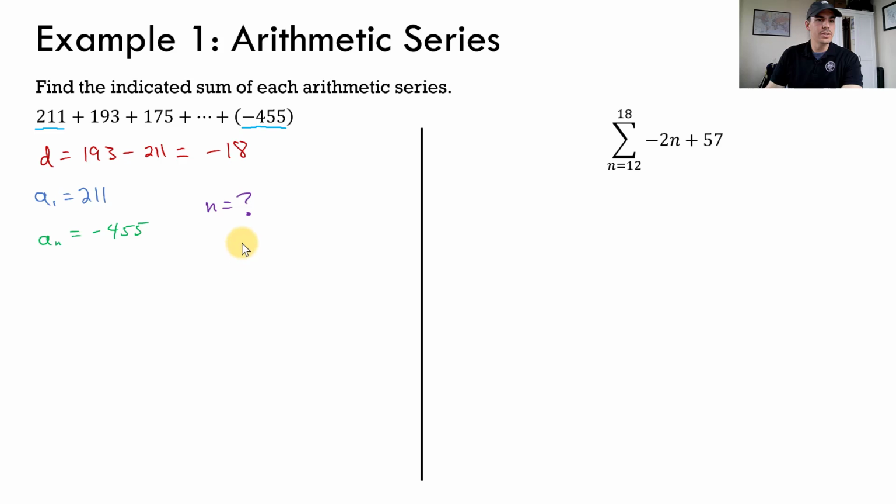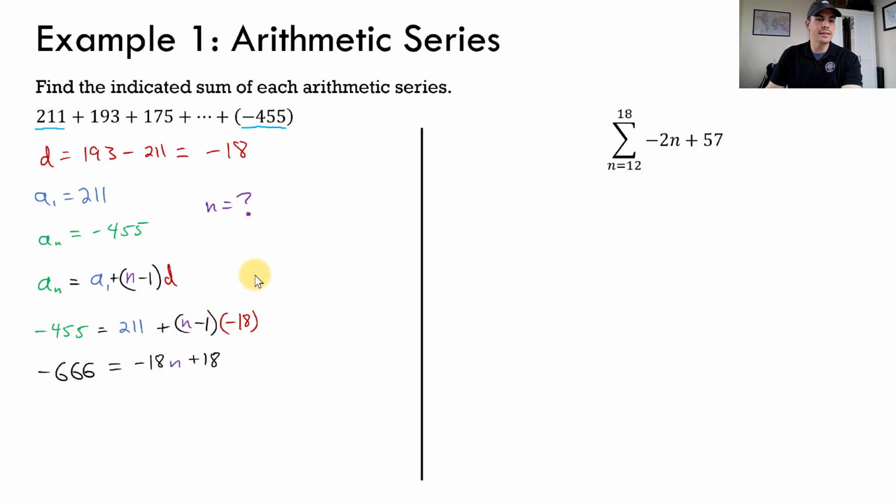But that's okay. We can use our formula, because a sub n is equal to a sub 1 plus n minus 1 times d, and I have values for a sub n, a sub 1, and d. So now I can use that to find my n value. I start simplifying this equation, and I'll find that my n value is 38. Now we can use our sum formulas.